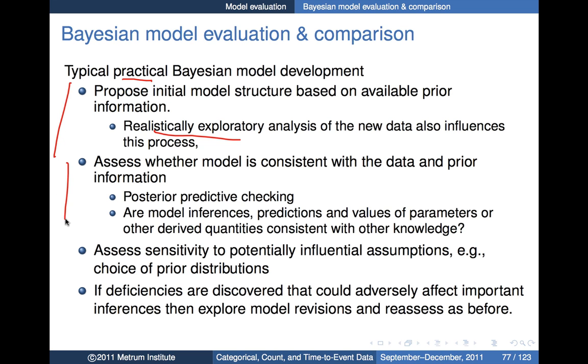You then go through a process of assessing whether that model is consistent with both the data and with prior information. And when I say this, I mean you're going to be assessing it after you've actually analyzed the data. So we will take the model we've proposed and apply it to the data, so we're getting our posterior distributions of our various parameters.